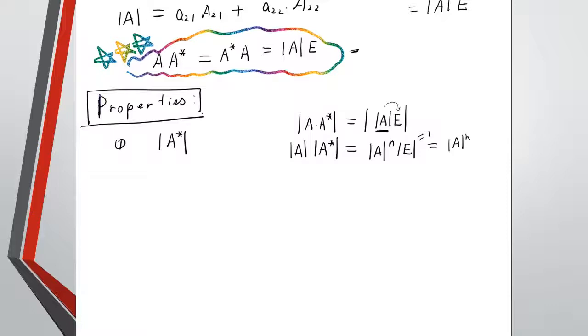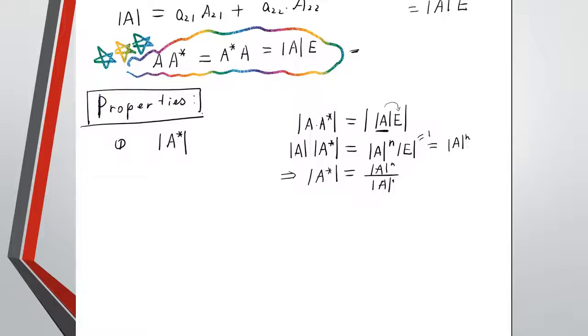Okay, so that is the first property of the adjoint matrix. So we can conclude that the adjoint matrix A's determinant will become something like this. Okay. And we understand that for this guy, it has the power of 1.